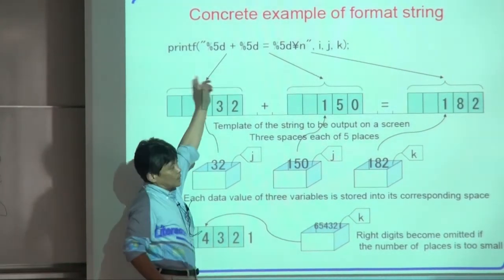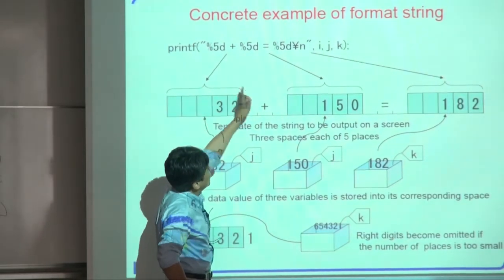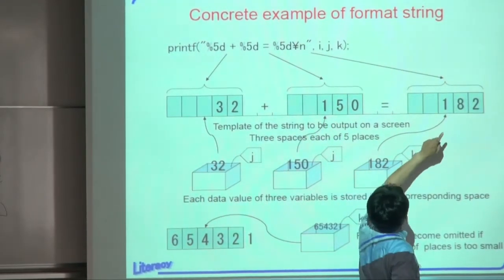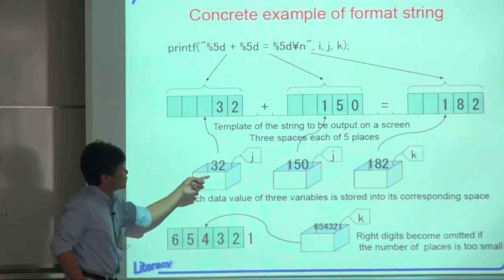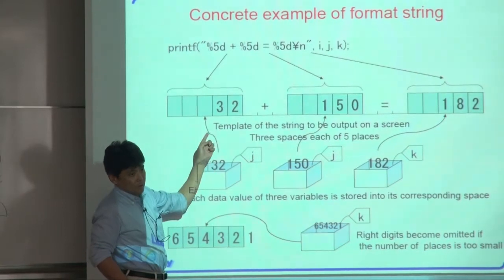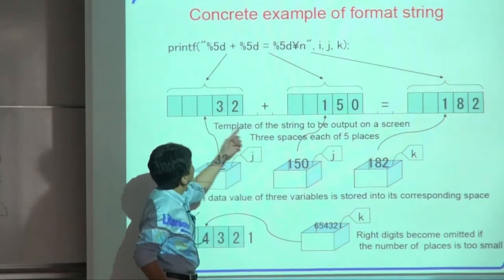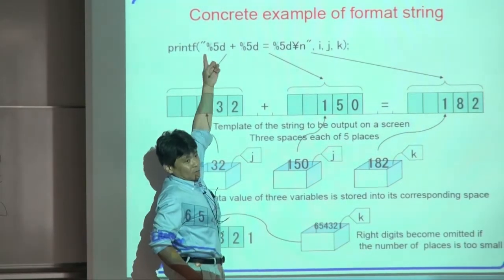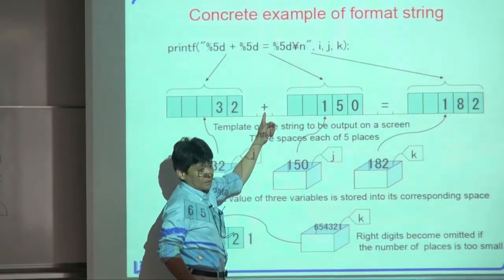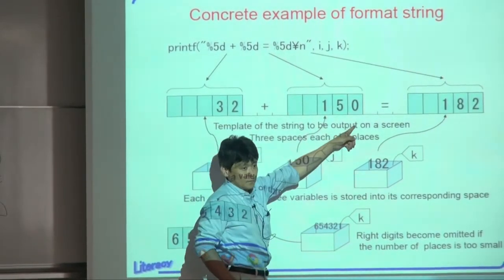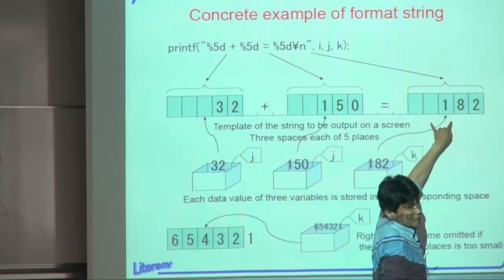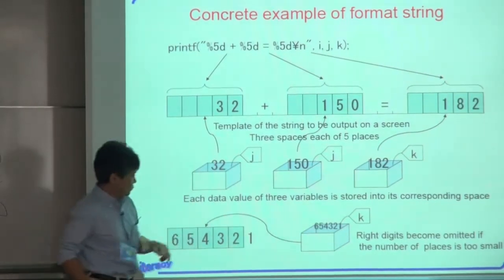So if you use this printf sentence, and i, j, k have 32, 150 and 182 respectively, the program will output on the computer screen like this. For this code, this string will appear, then a space, a plus character, a space, and a 5-length string, then a space, an equal character, a space, and a 5-length string.